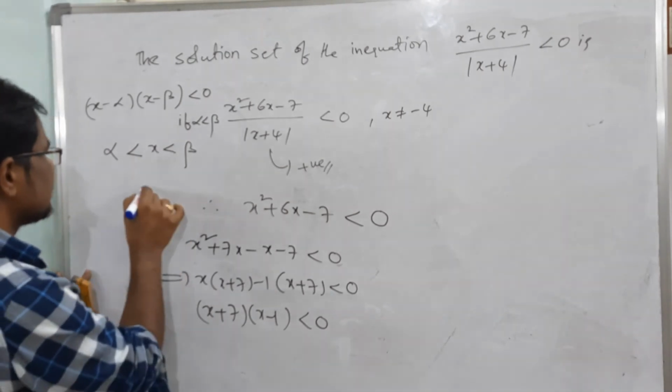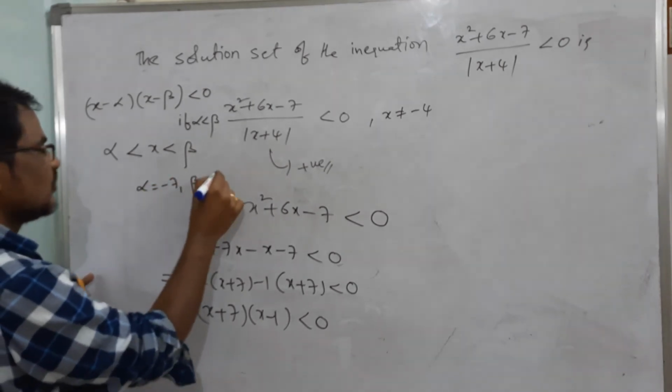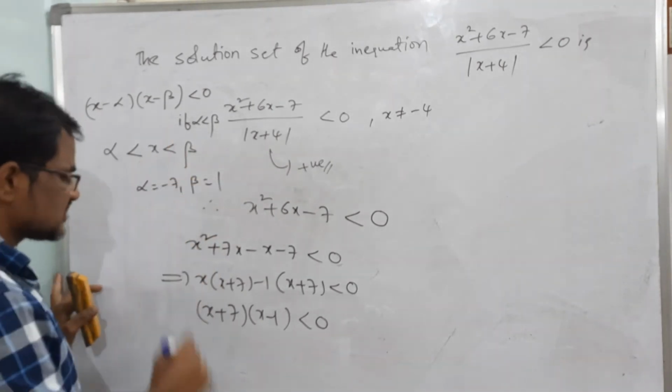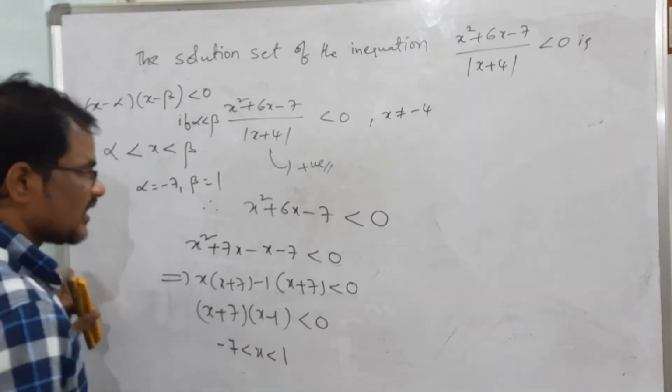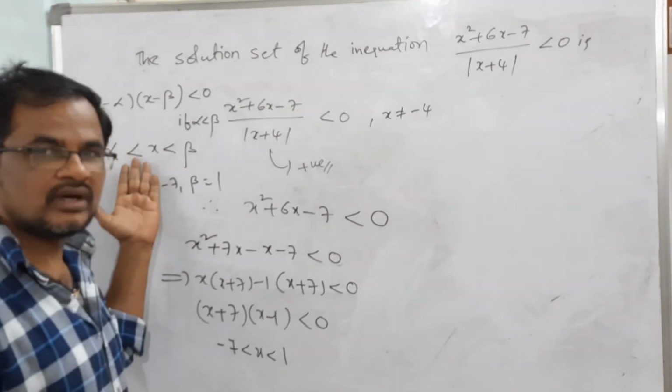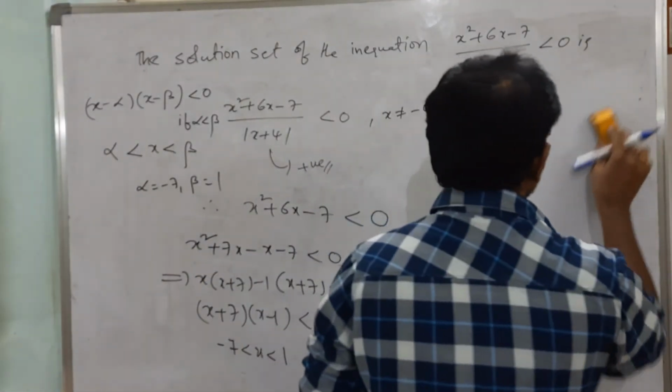According to that, here alpha equal to minus 7, beta equal to 1. So directly you can write minus 7 less than x less than 1. Suppose you don't want to remember this formula, you can follow another method.